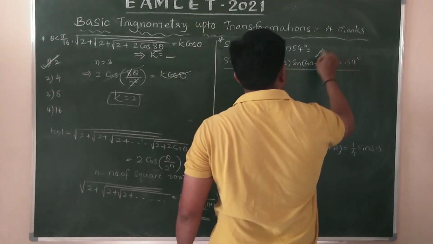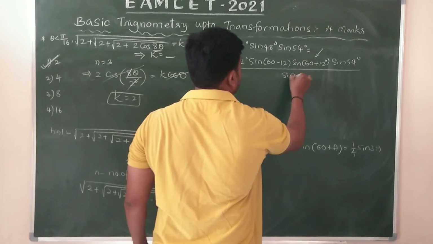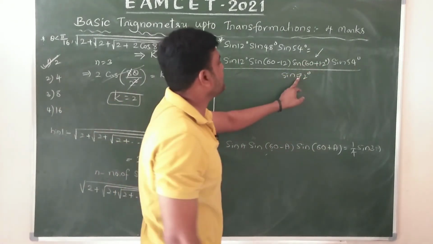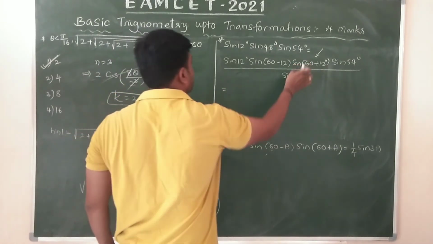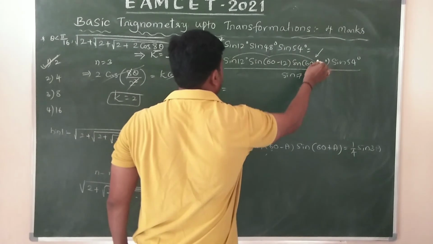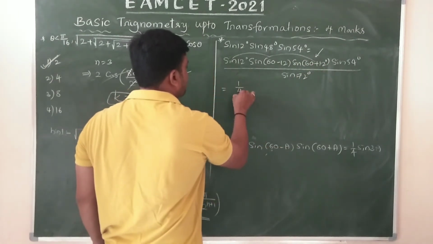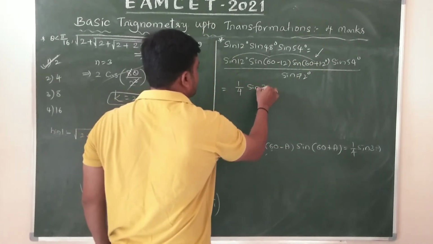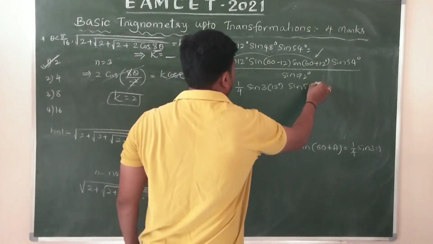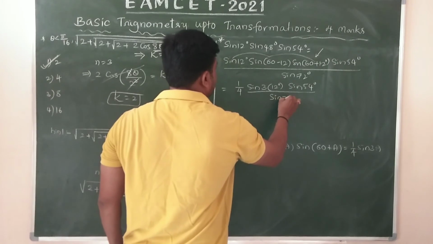Actually we are taking like this, sin 72 here, multiplying and dividing with sin 72. Now it is sin A sin (60 minus A) sin (60 plus A), that equals to 1 by 4 sin 36, in the place of A equals to 12. Yes or no? Okay, sin 54 by sin 72.